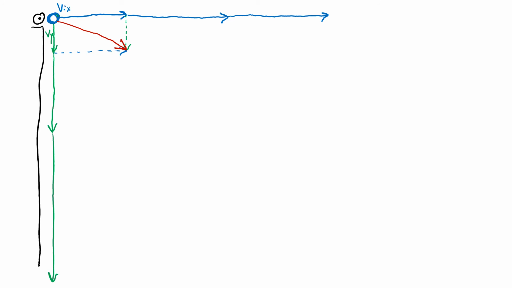Then you can continue doing this, and you're going to draw your vectors over here like this, and then you could draw your vertical vector from this position over here, and then you draw something like that. And then finally, you can draw your vectors going across this way.